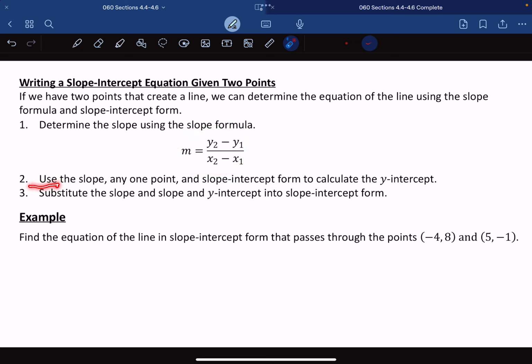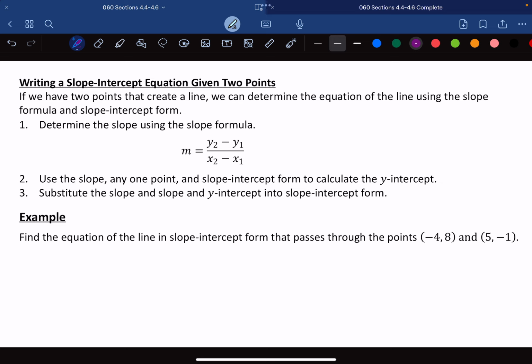The second thing we need to do is calculate the y-intercept. Now that is something we haven't done yet, so make sure you pay close attention on how to do that. And then the last thing is just to write the equation, because once we have our slope and our y-intercept, we just put them together to write the equation like we did for the examples with the graph.